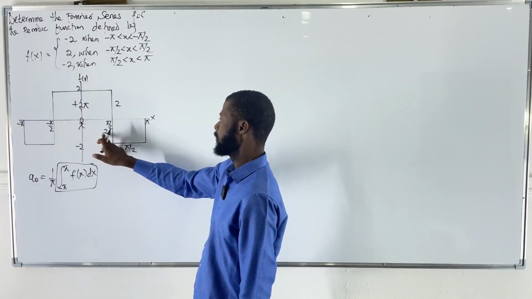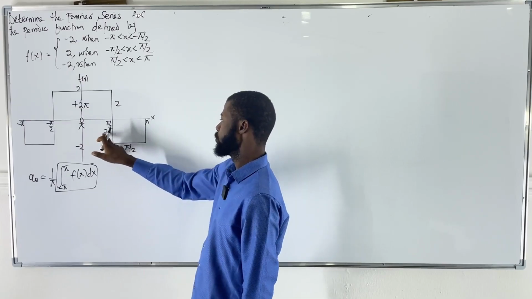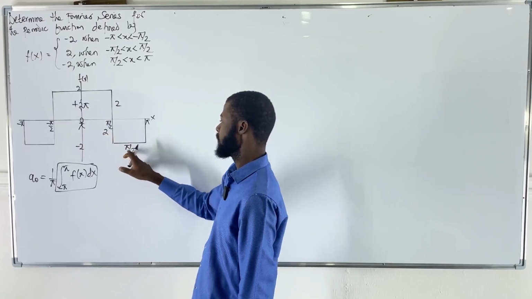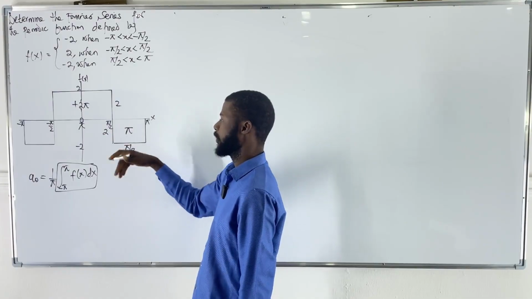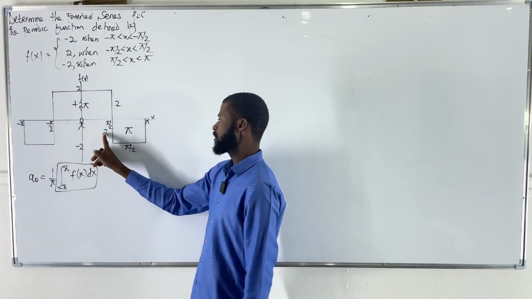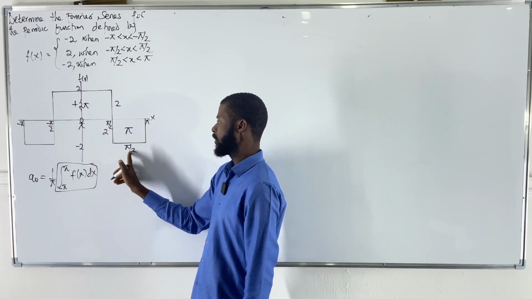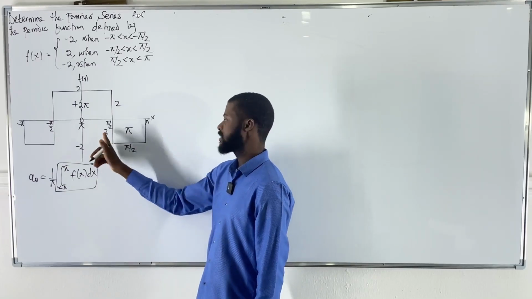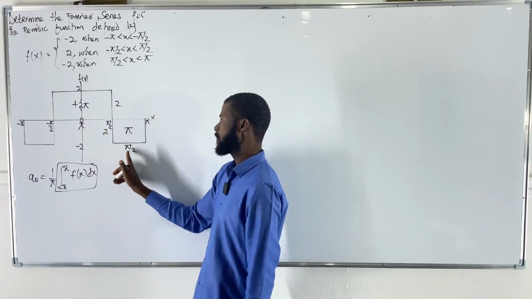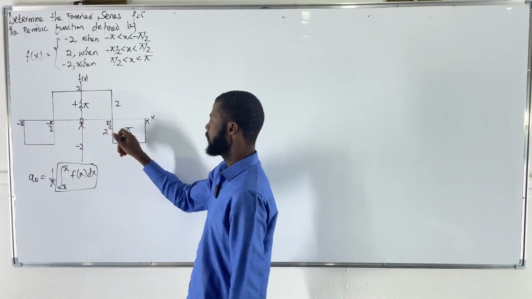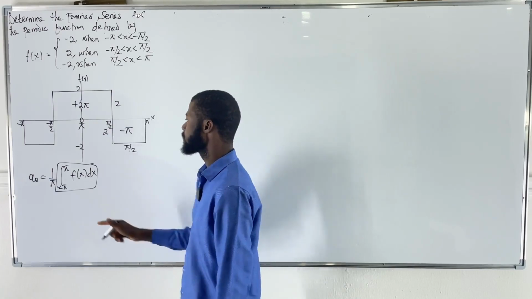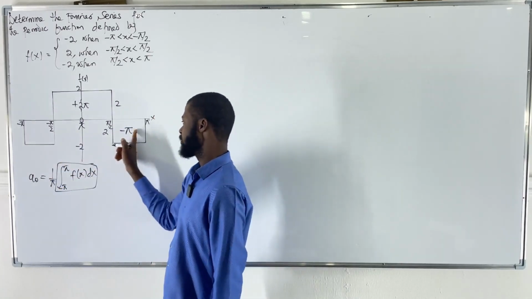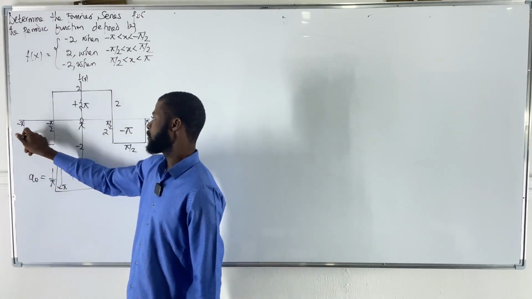So the area is this times this. 2 times pi over 2 will just give you pi, because to find area is length times breadth. But this area is negative. Now this and this are two similar things, so this is also -pi.